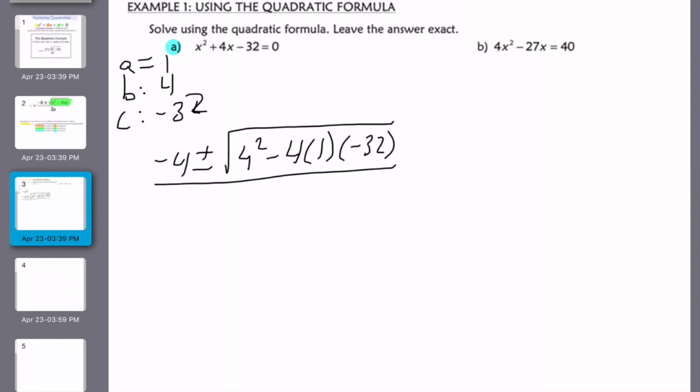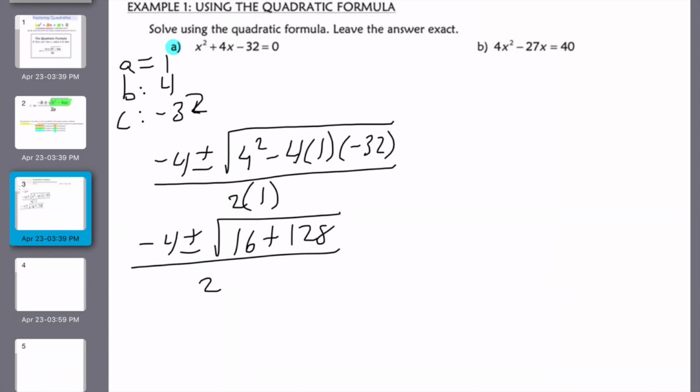All of that is divided by 2 times my a value, which is 2 times 1. Okay, so I'm going to simplify this a little bit. We have negative 4 plus or minus the square root of 16 plus 128, all of that over 2.